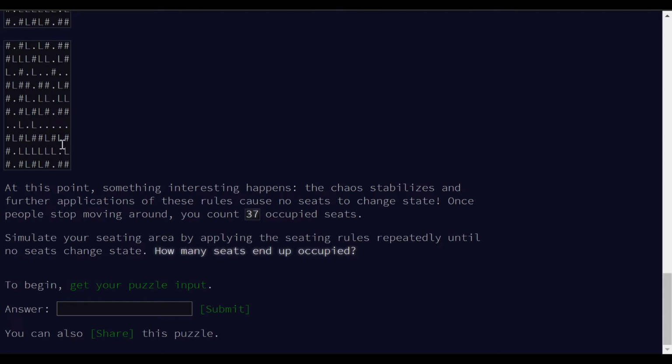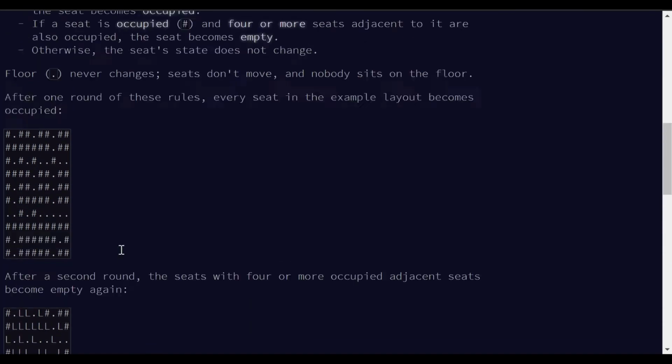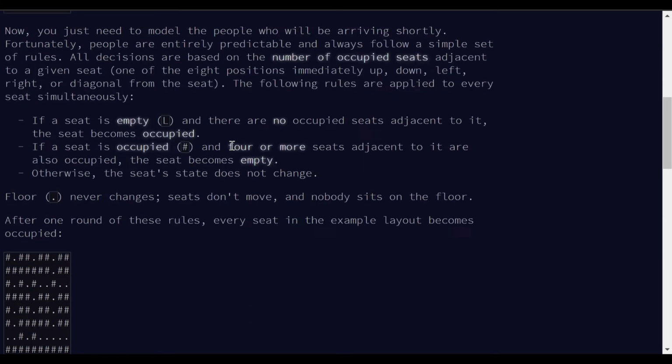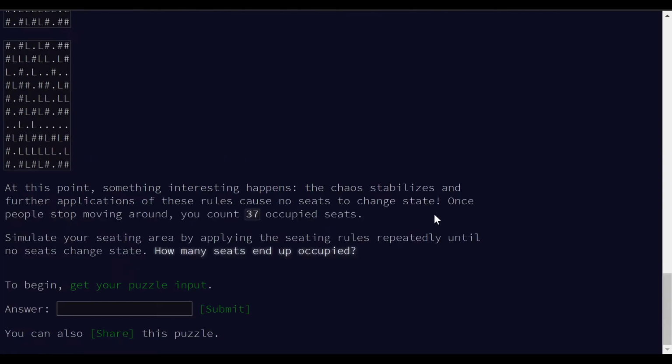Because even if you remove the floor cells, it does have a slightly different set of rules for when it becomes occupied. So maybe even if you made everything open seats, I think it's probably not guaranteed to terminate. Anyway, but of course our puzzle input will be one that terminates.